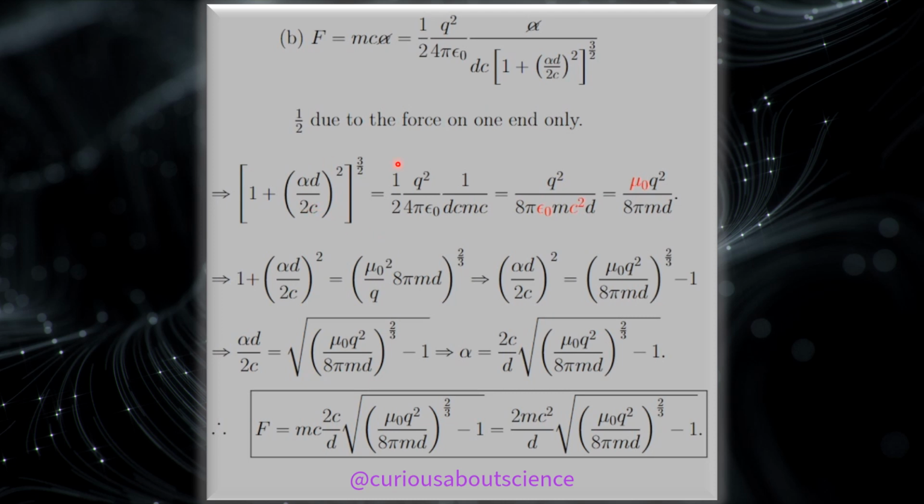Now we need to square everything and then take the cube root. So to get this 3/2 power, we put everything to the 2/3 power, which is what we see here. Let's not make any mistakes, because things are going to get hectic pretty quick.